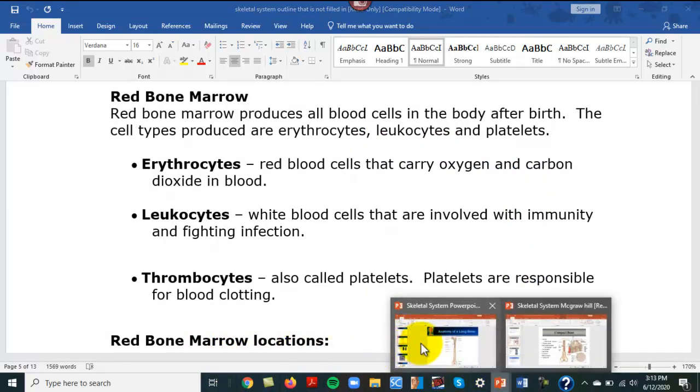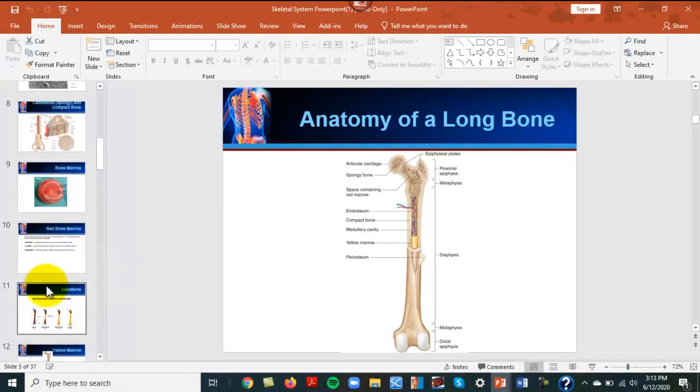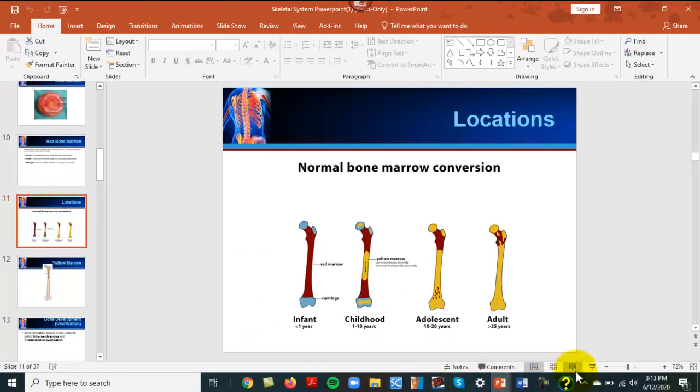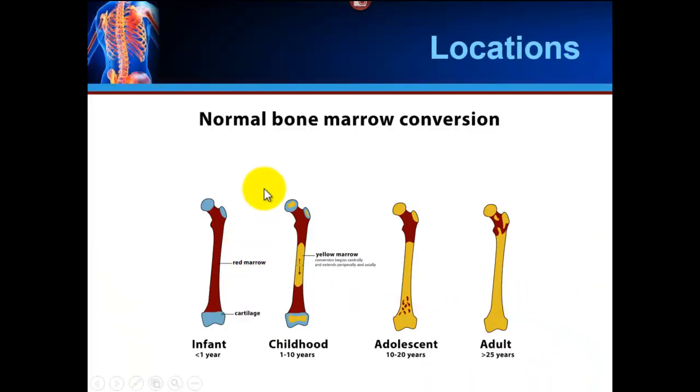There is a really good picture, and I strictly got this right off the internet. It says normal bone marrow conversion. It says infant, this is 1 year or less than 1 year, and this is showing an adult after 25 years. Yeah, the bones of kids have a huge percentage of red bone marrow.